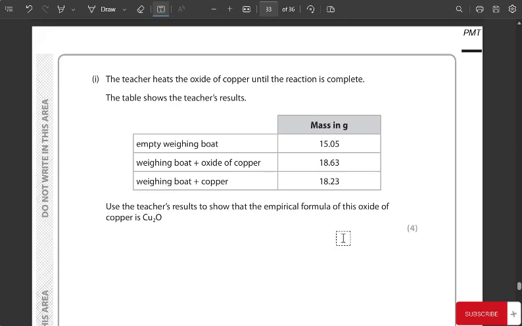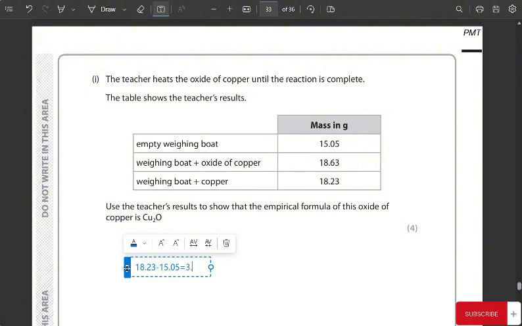2 coppers and 1 oxygen atom. Okay. First, we calculate the mass of each. For finding the mass of copper, we will subtract 15.05 from 18.23.